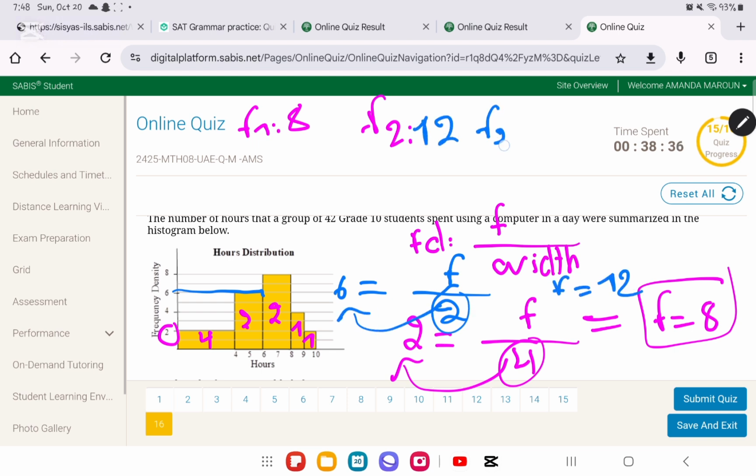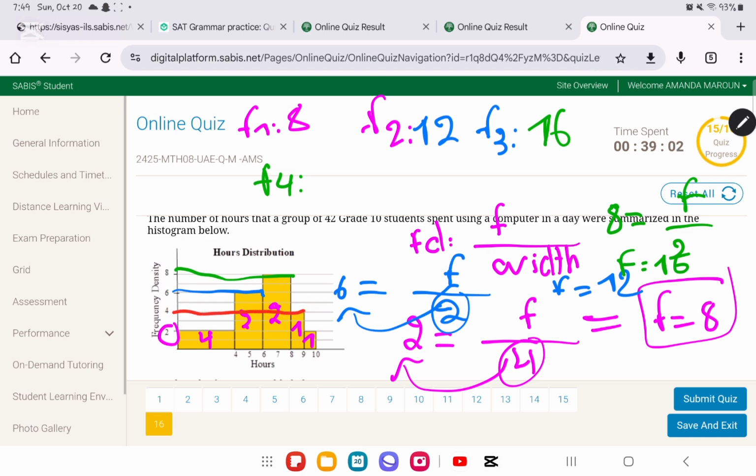Now, the third frequency. We know that frequency density is equal to frequency over width. The frequency density is 8. It's equal to the frequency over the width, which is 2. So frequency is equal to 8 times 2, which is 16. Now the fourth frequency. We have that the frequency density is 4.